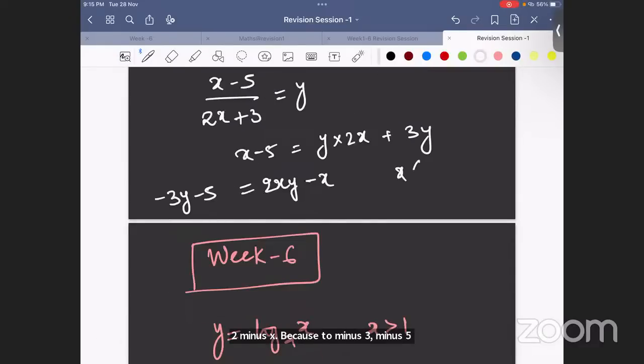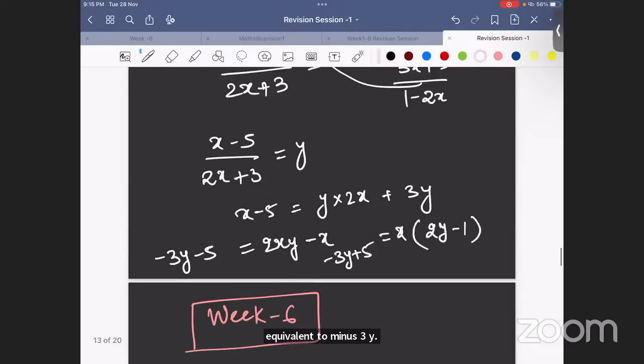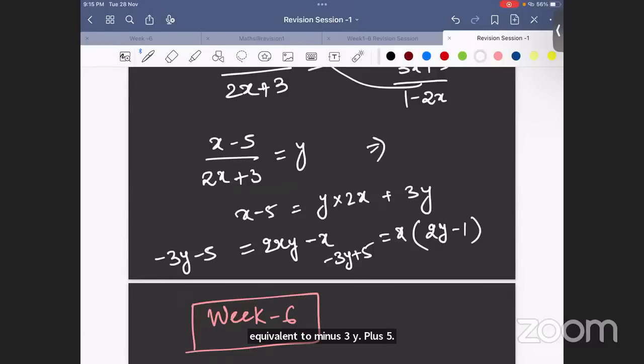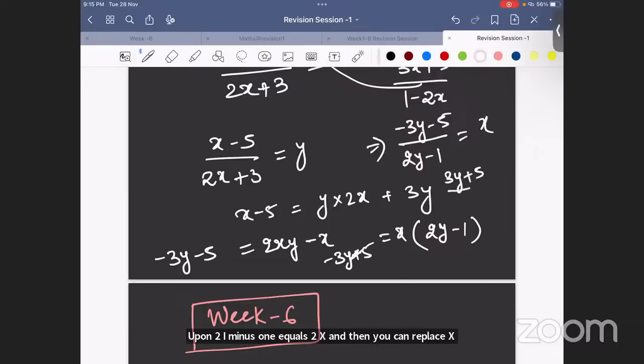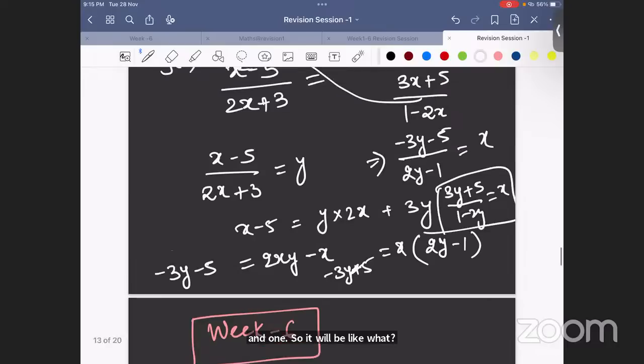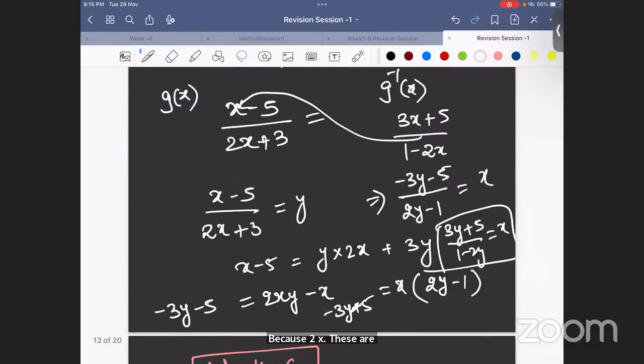Then you can take x common: x times 2y minus 1 equals minus 3y minus 5. So minus 5 minus 3y upon 2y minus 1 equals x, and then you can replace x and y. So it will be 3y plus 5 upon 1 minus 2y equals x. This is the inverse of that function. So this is one method. This was very simple to calculate, right?